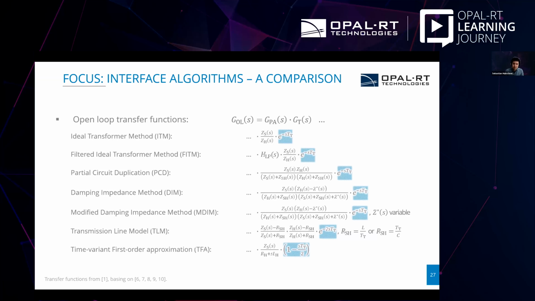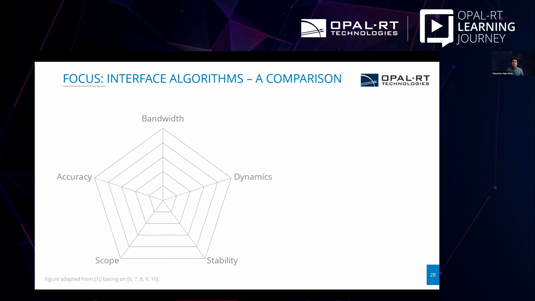Now, enough of the equations. Let's assess those interface algorithms in a more descriptive way. What we can see on the following slides is a qualitative assessment of the characteristics of the different interface algorithms, which have different advantages and disadvantages.